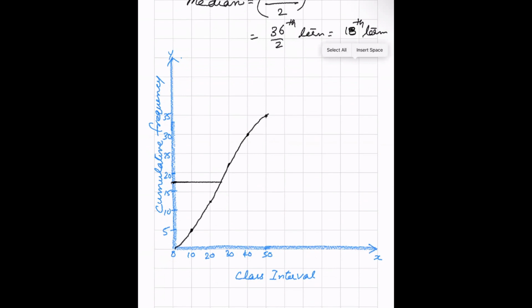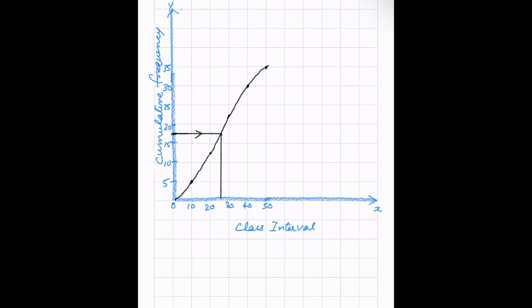Mark the arrow. It should touch your ogive. And where it meets, from there you draw a vertical line towards the x-axis. So draw a straight line, then you will get 27 somewhat. So the median is going to be 27.